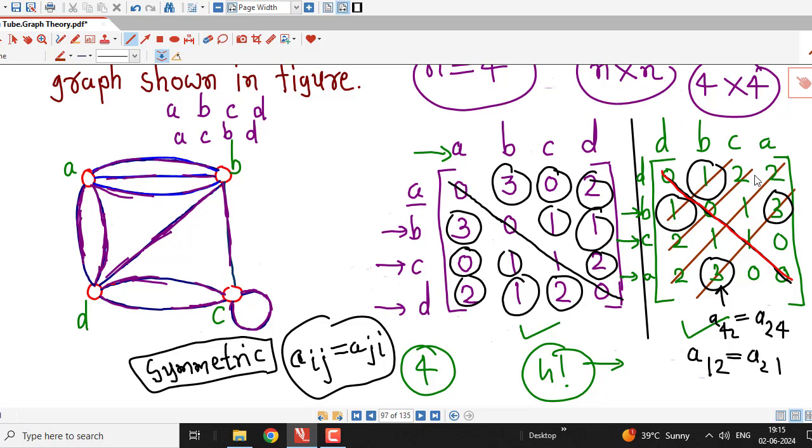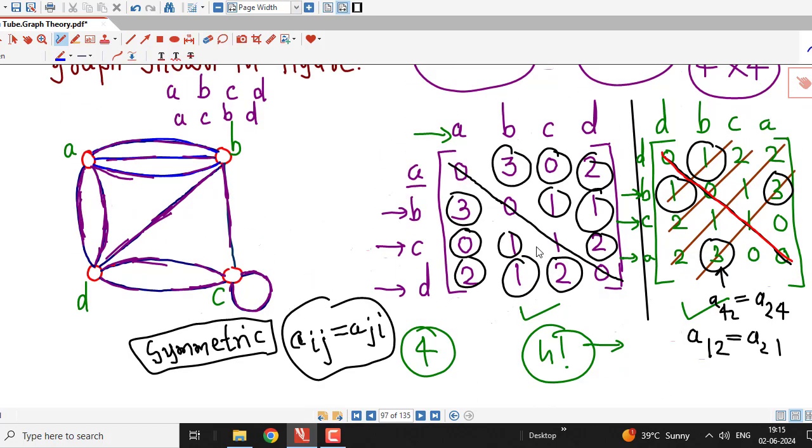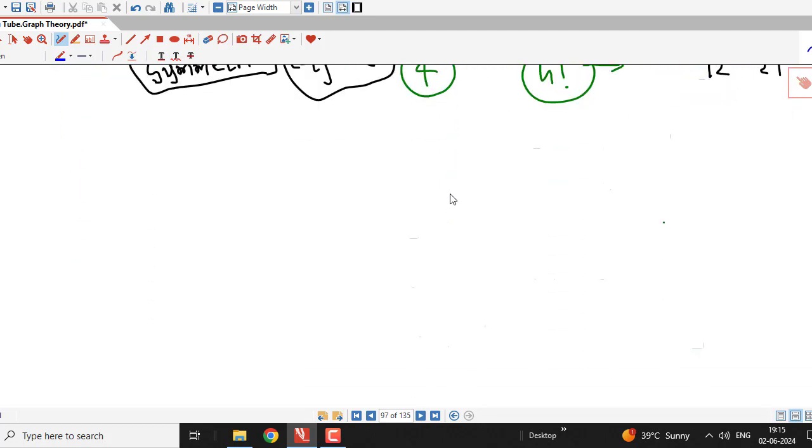The entries on this line are symmetric with respect to the main diagonal, and that is the property of a symmetric matrix. So remember, whenever we are writing the adjacency matrix for an undirected graph, it is always symmetric. So that is a cross check.